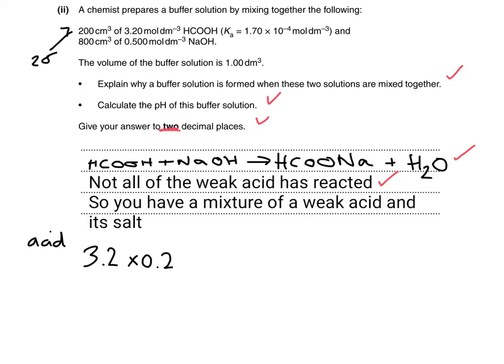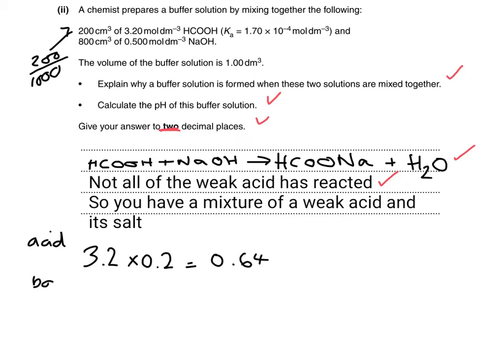So that's just 200 divided by 1,000 to give it to me in centimeters cubed. This gives me 0.64. So this is at the beginning before any of it's reacted.